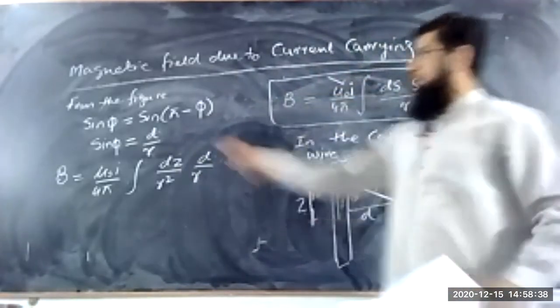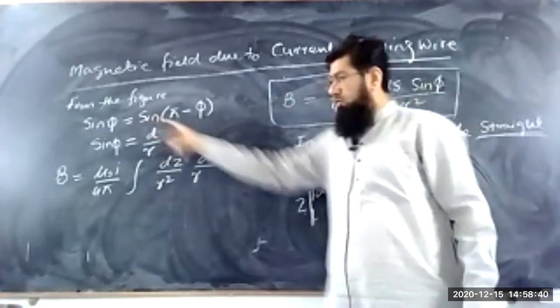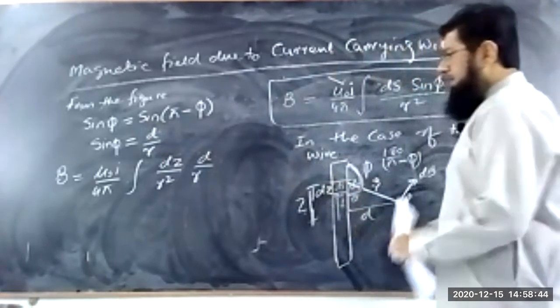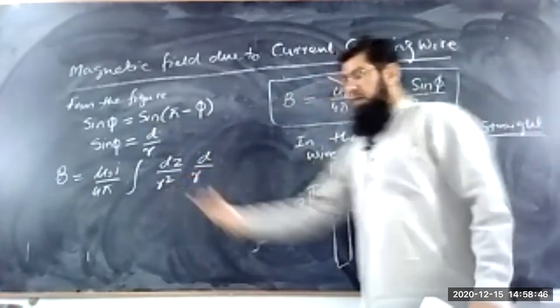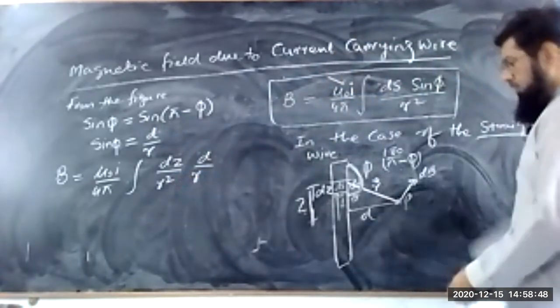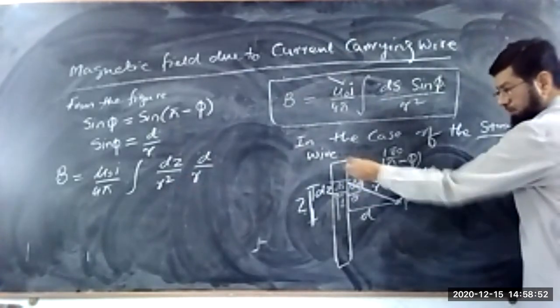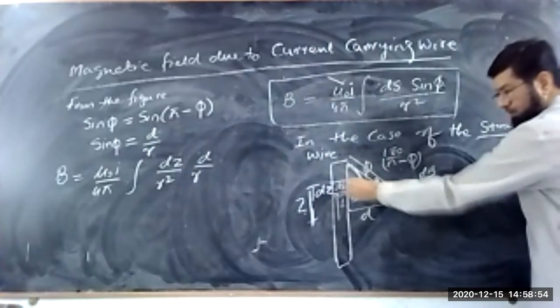I've just plugged in the value of sine theta. Now this r, the distance, is a variable.